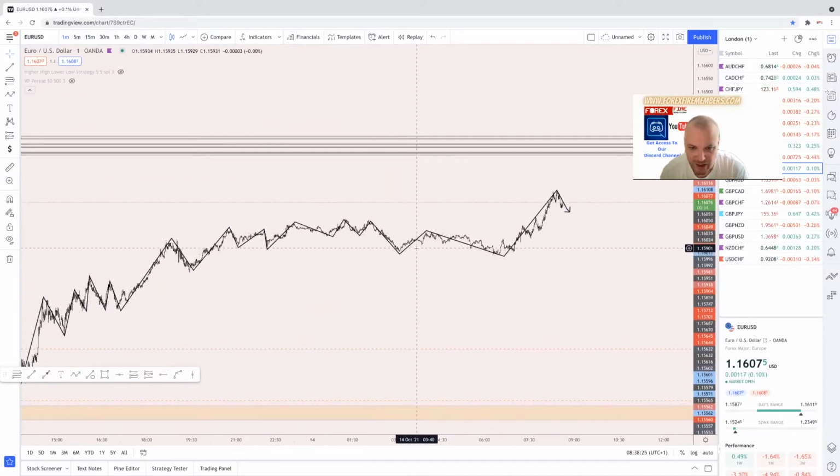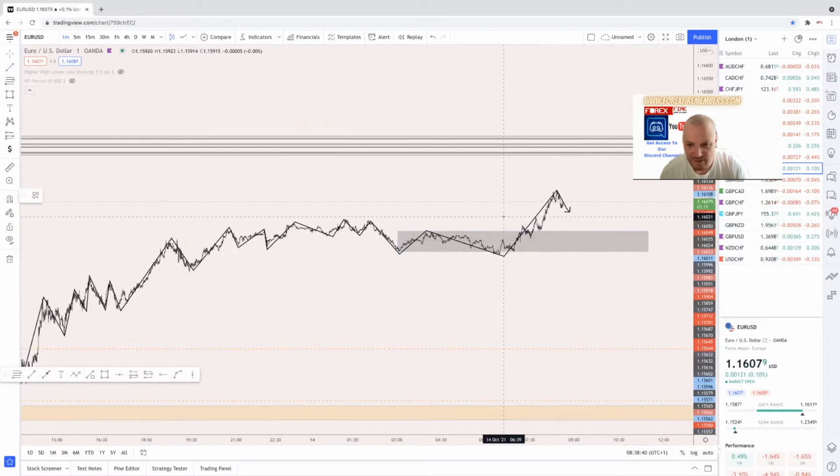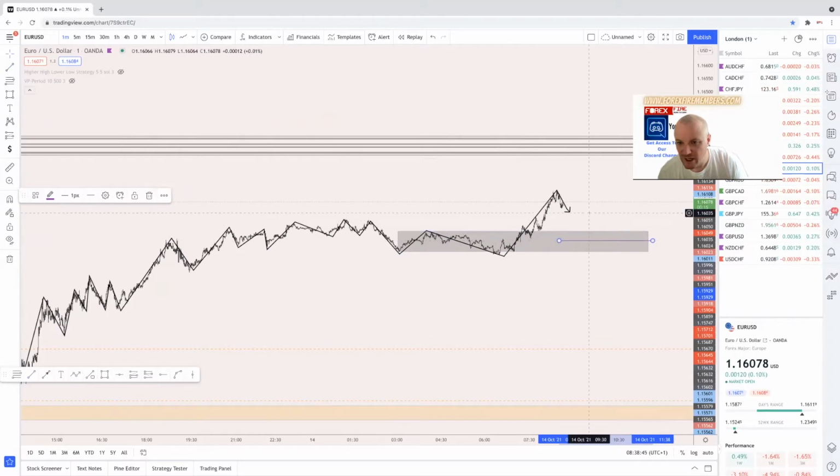We speak about how we could see this serve a purpose today, this to this, pull it out. We could get a bounce into the 50% of here, before we get a takeoff.